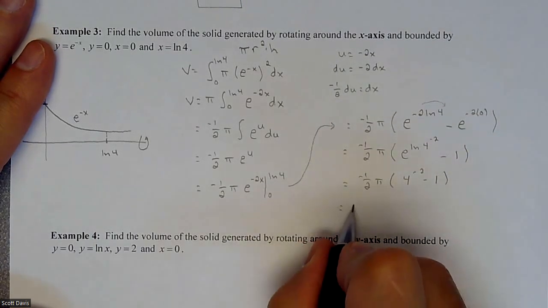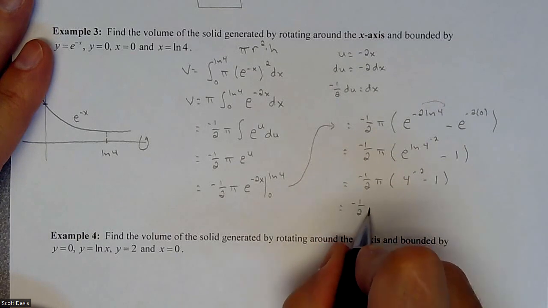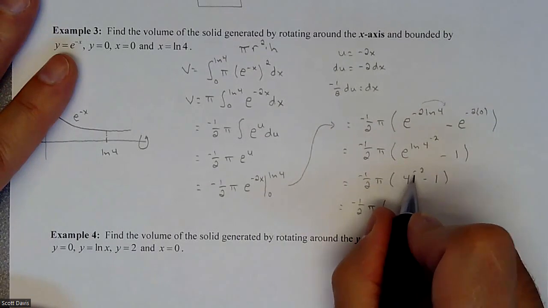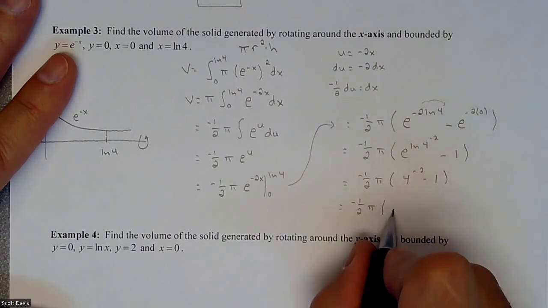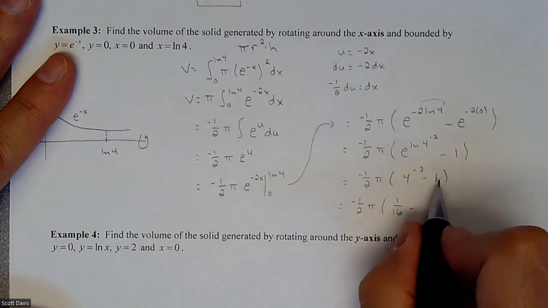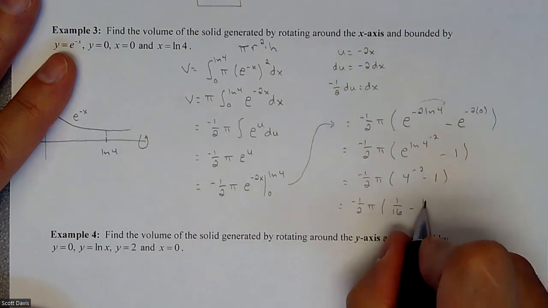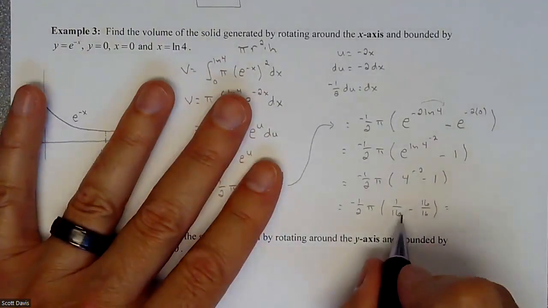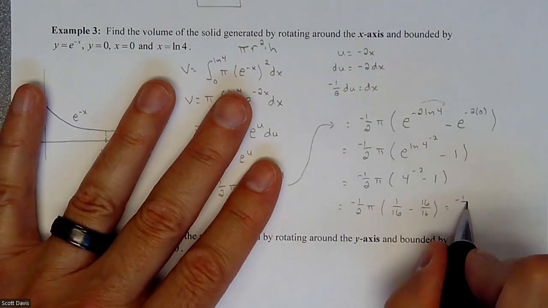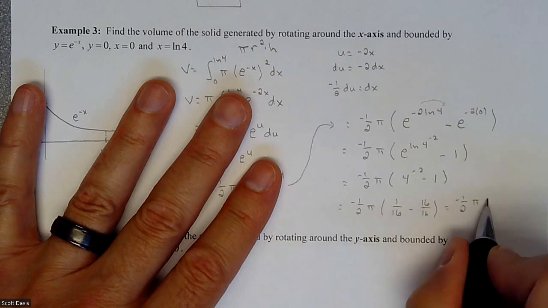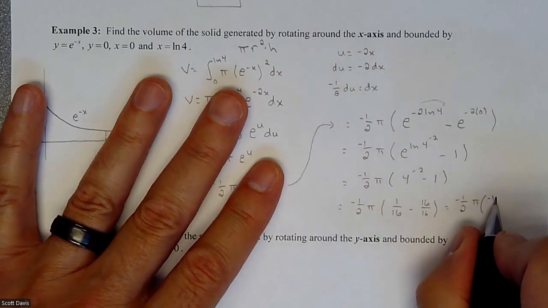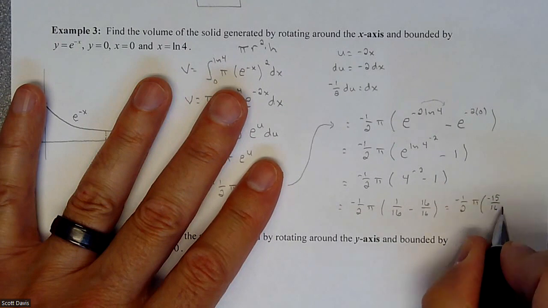And so that is a negative 1/2 pi. 4 to the negative 2 is, we're still squaring the 4, except it moves to the denominator. So 1/16. And then I'm going to be subtracting 1 from that. So I'm going to be subtracting 16/16, which is negative 1/2 pi times negative 15/16.